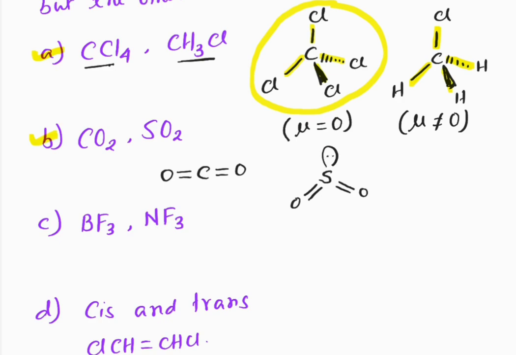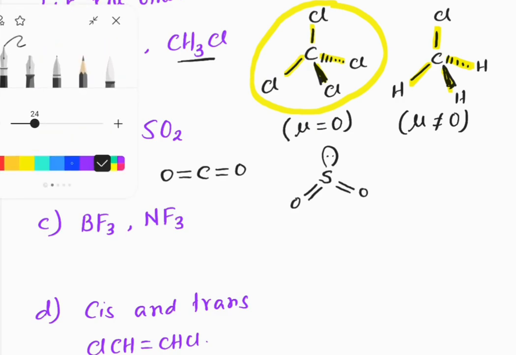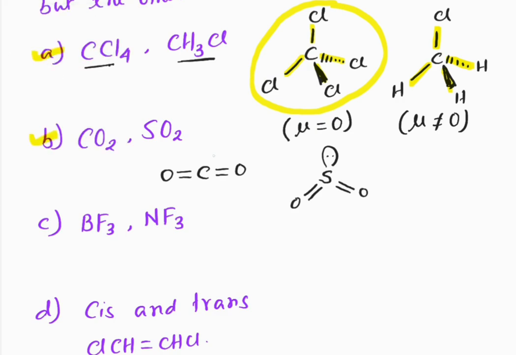In carbon dioxide, the bond moment due to this carbon-oxygen bond acts in this direction, and the bond moment due to the other carbon-oxygen bond acts in this direction. So the two bond moments cancel each other, and as a result the resultant dipole moment will be equal to zero.